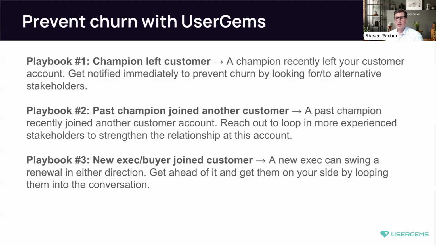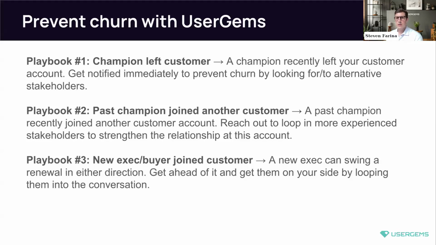We especially want to make sure there's never that case of they're already gone and now I need to scramble to find somebody else to work with. Instead, with UserGems, we're able to alert when a champion is leaving in near real time, so that your CSM or AM is notified that someone left, and you can work on getting ahead with multi-threading to other stakeholders.